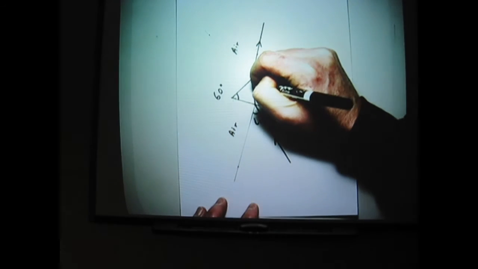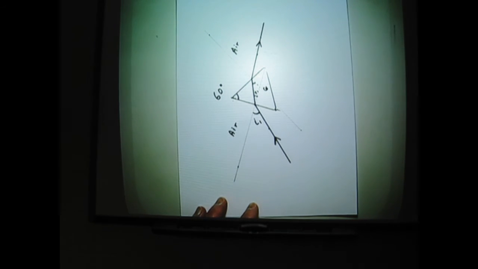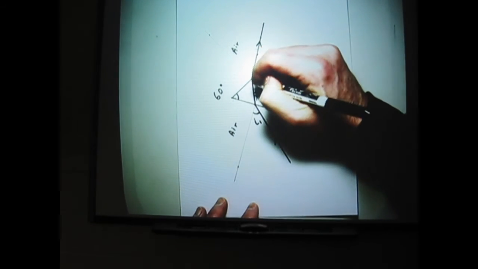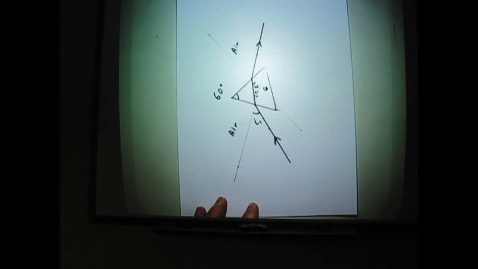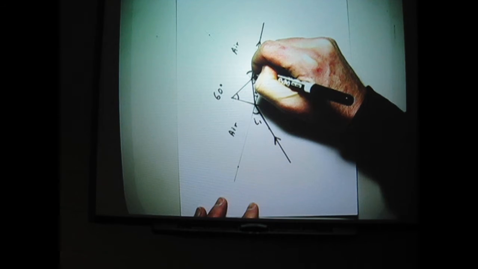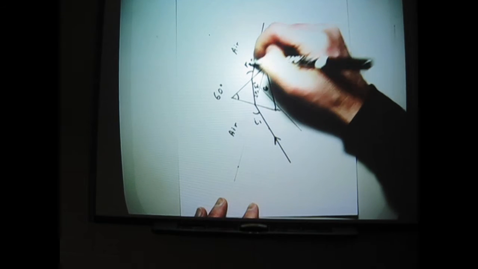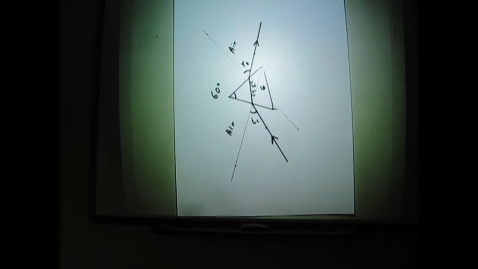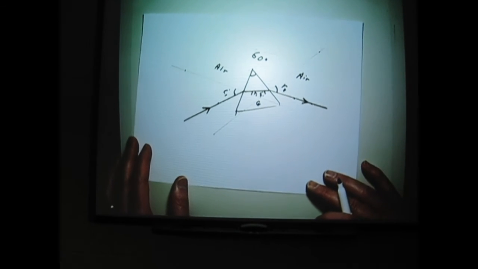Then the angle in here that it makes with respect, again, to the perpendicular, this is going to be I2. And then finally, the angle that the refracted beam makes with the perpendicular back out in the air, this is going to be R2. Okay, so we need to measure those 4 angles. Here, I'll move it like this so you can see it better.